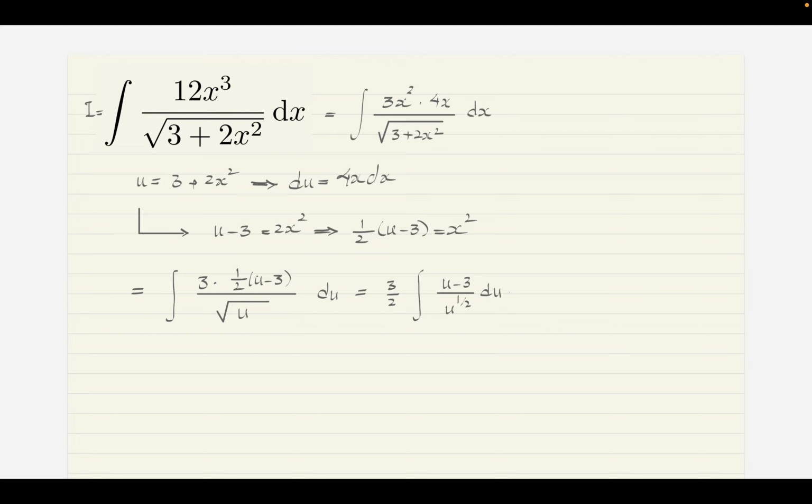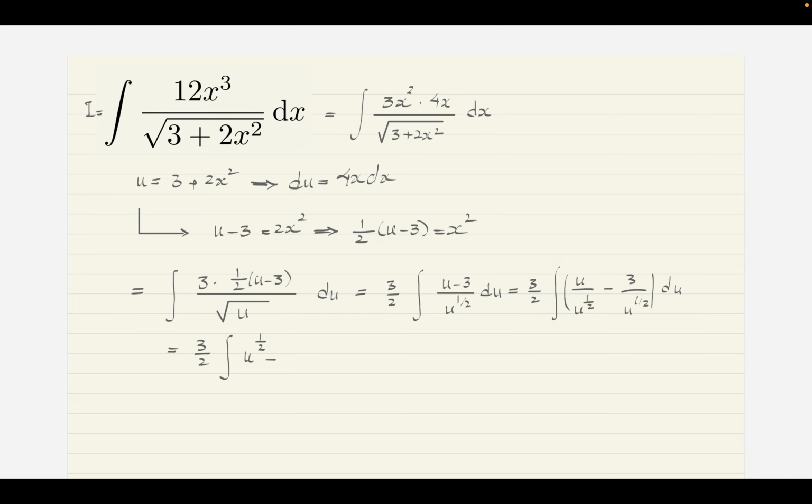And from the experience we got in the very first examples of the lesson, I can write it as u divided by u to power 1/2 minus 3 divided by u to power 1/2, and then totally du. Okay, so this becomes 3/2. Integral u divided by u to power 1/2 becomes u to power 1/2.